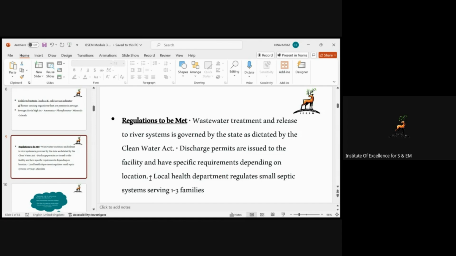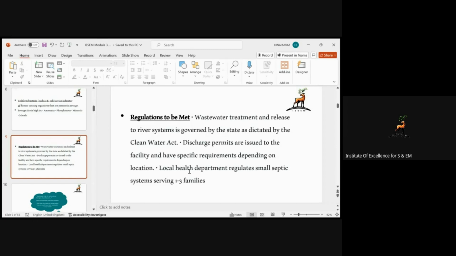It is preferable that the engineers, through environmental impact assessments, and the environmentalists who give the idea to install industries in any area, make sure there are no residential or local people living in the nearby areas. So it depends upon the location to which extent you have to treat your wastewater.